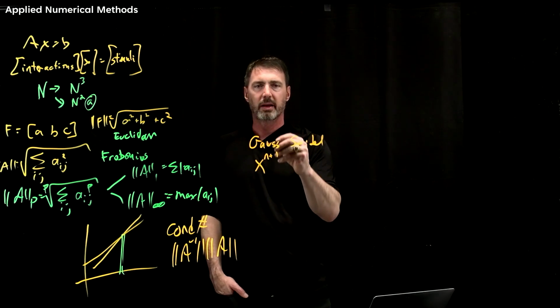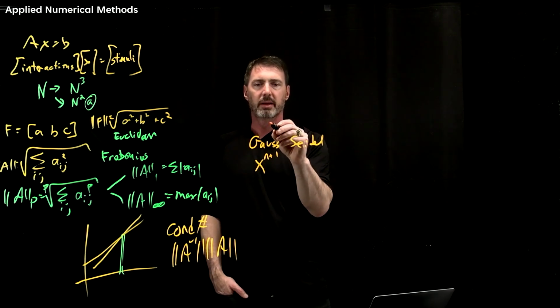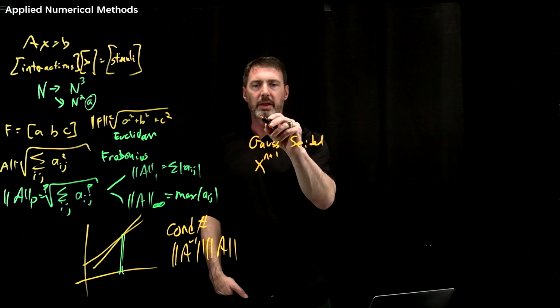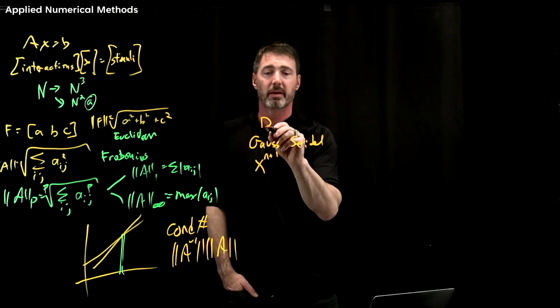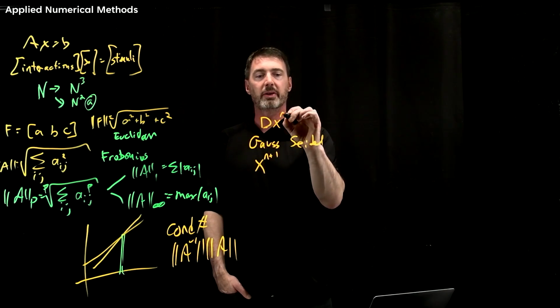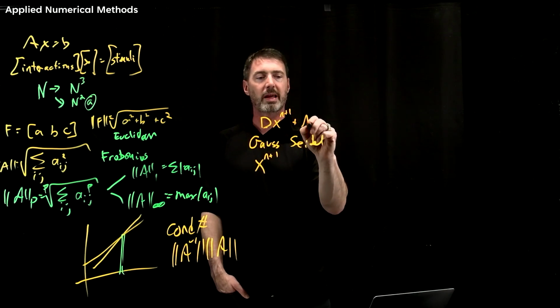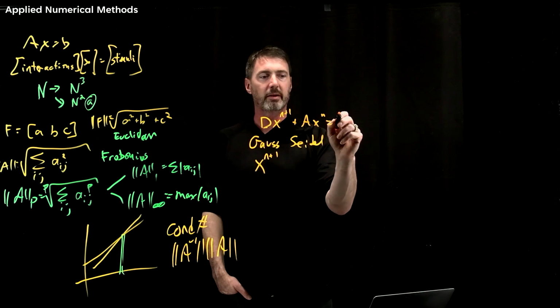So you can say, instead of solving Ax equals b, I'm going to solve some matrix, I'll use D for different for a second. I'll come back. It'll save me some time. D matrix on the n+1 plus the A matrix on my nth guess is equal to B.